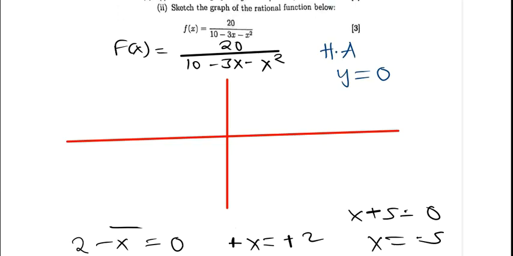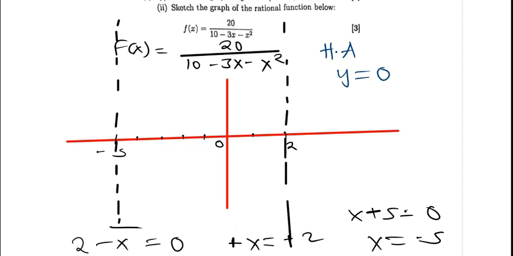Let's say that's 0, and then maybe 1, and then 2 somewhere there, and then this side negative 1, negative 2, negative 3, negative 4, and then let's say negative 5 is right there. Okay, so that would imply the vertical asymptotes are going to be these two lines at negative 5 and also at 2.